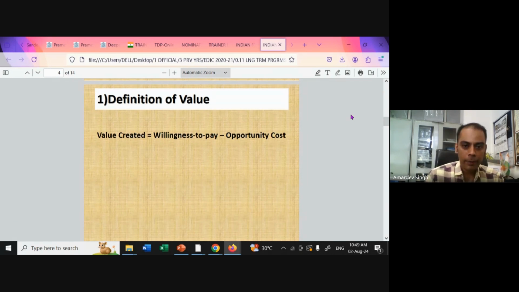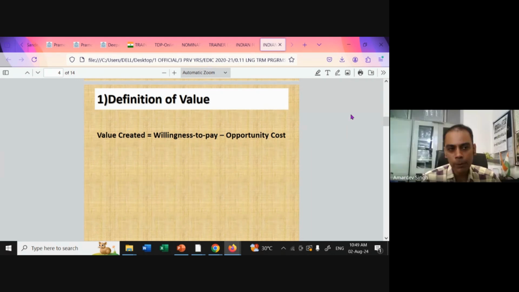For example, I have to travel from the bus stand to, let us say, one college, my institution, and it is, let us say, 15 kilometers. So I have two options to travel. You can travel by local bus, you can travel by car, or you can travel by, let us say, individual auto.